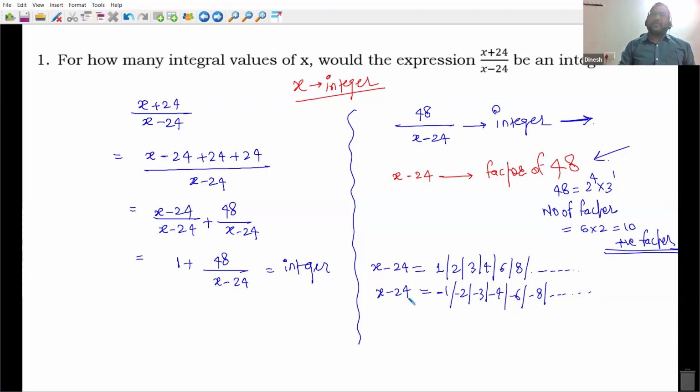So what is the final answer of this question? There are 10 positive factors, so there are 10 negative factors also. So is the final answer 20? Is this a correct answer, tell me? Be careful in this counting type of questions, everyone.